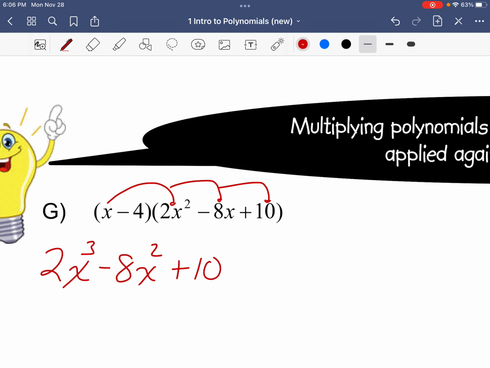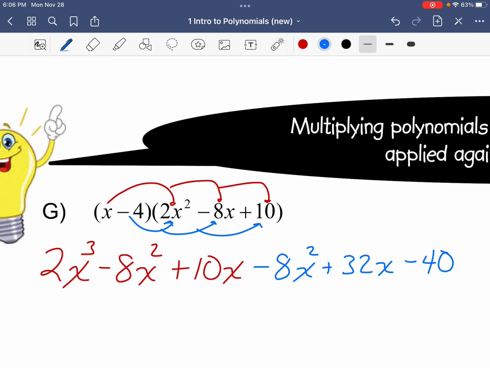Now notice that I'm increasing the exponent as appropriate for each of those. But then this negative 4, it's going to distribute, that is multiply. And when I multiply negative 4 times negative 8x, I get positive 32x, as well as some other terms here.